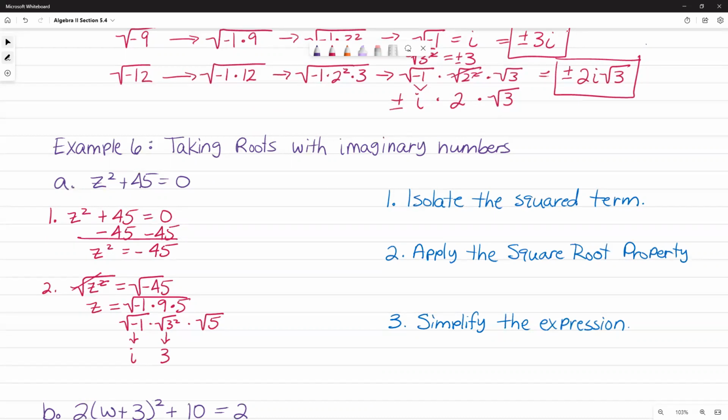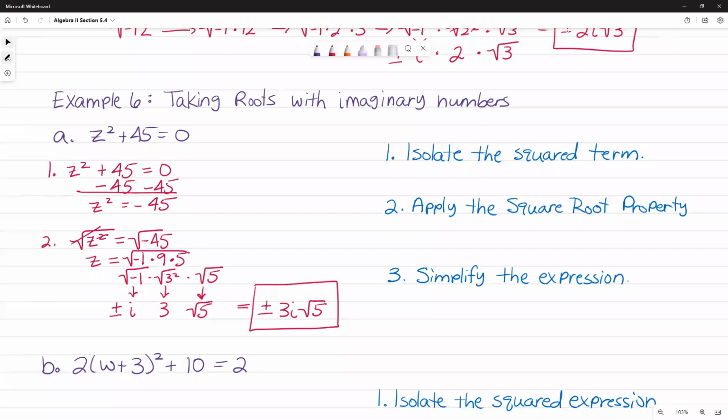And so that just becomes the square root of 5. These are all plus or minus. So to put it all together in the correct order, we have plus or minus 3i square root of 5. And we're done. That is as far as we can simplify it.